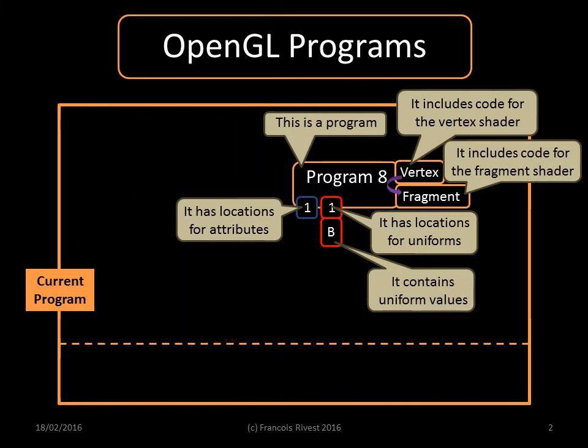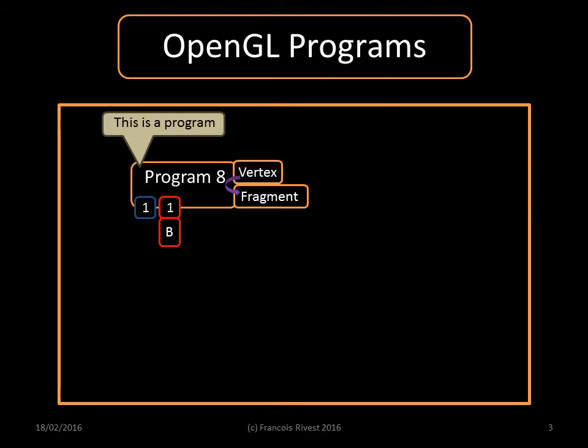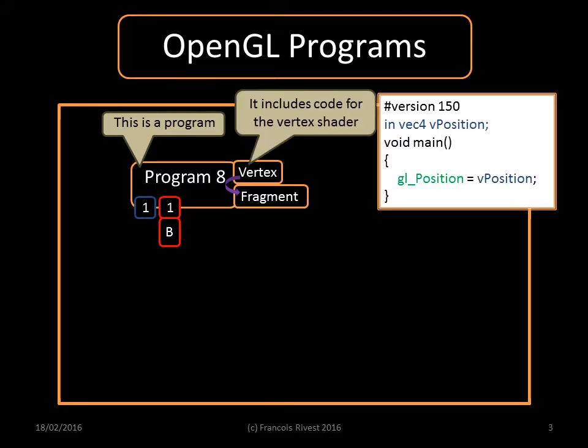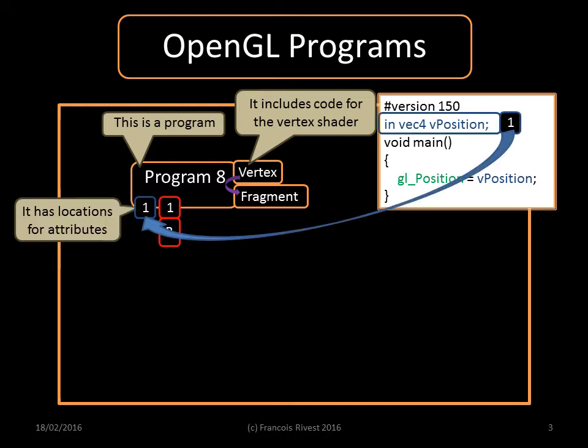Okay, now let's look at this program in more detail. It includes code for the vertex shader. Here's an example of a very simple vertex shader that just takes a vertex and returns it as its final position. So the object is not moved, whatever the input is just stays the same. The input of the vertex shader is what we call an attribute.